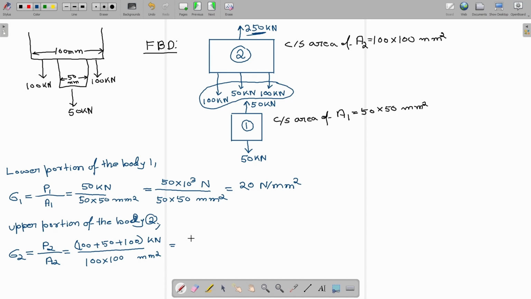Therefore we can write it directly as 250 into 10 to the power 3 Newton divided by 10 to the power 4 millimeter square. After solution we get 25 Newton per millimeter square.